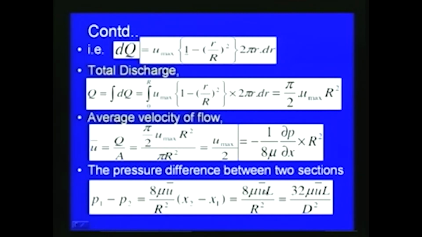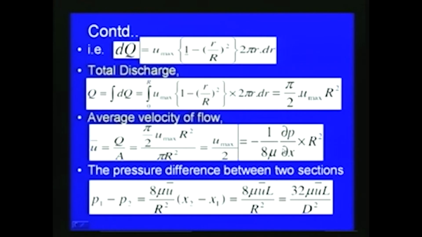If the distance between section 1 and 2 is L, then P1 minus P2 is equal to 8 mu u bar L by R square. We can write this in terms of diameter as 32 mu u bar L by D square.